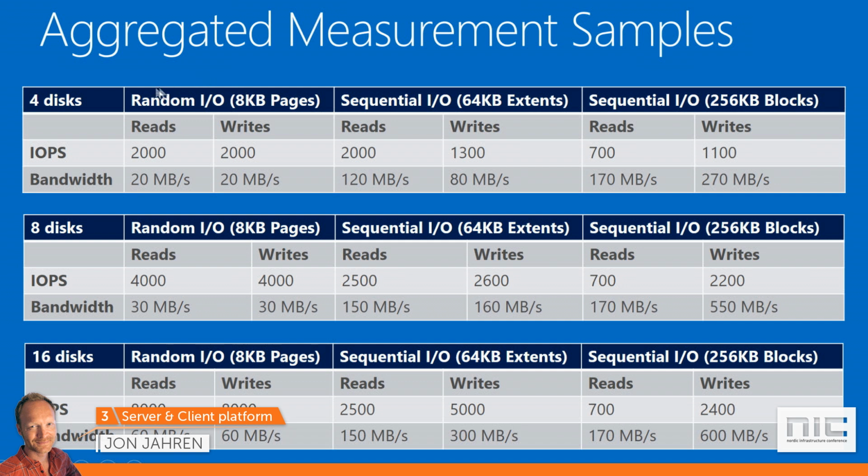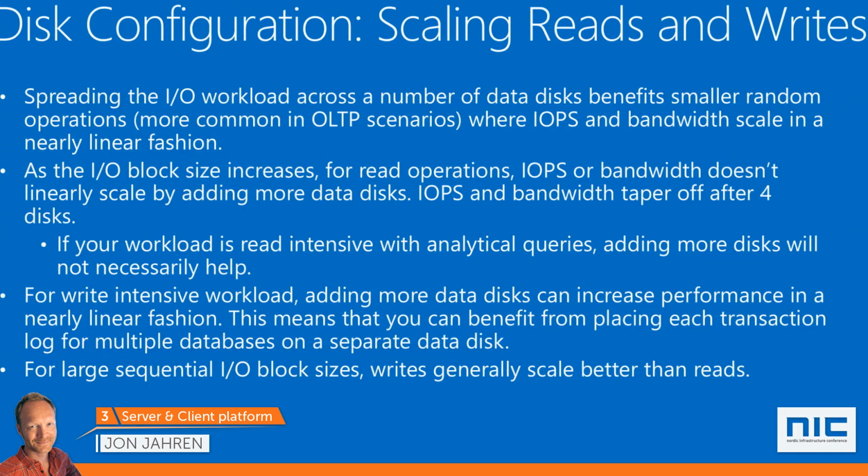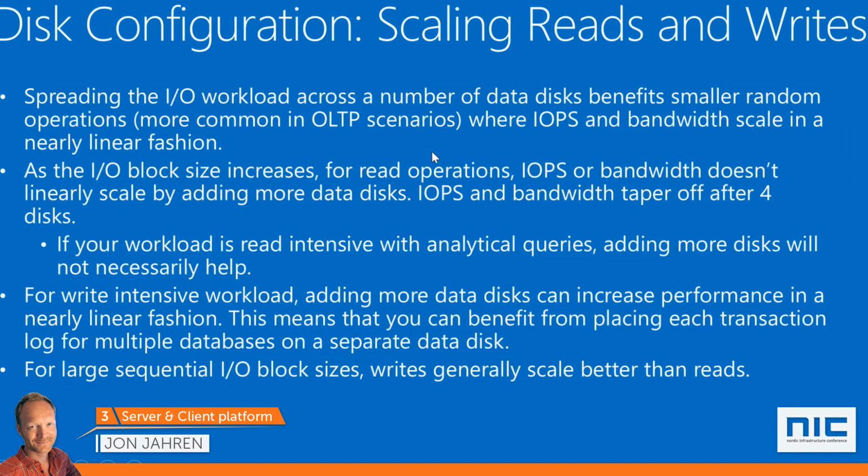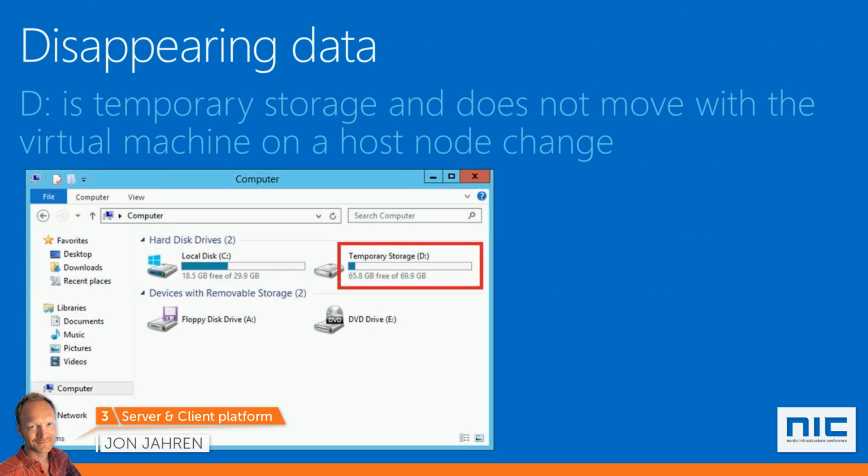As you move from 4 to 8 to 16 disks, your random IO will increase and your writes will increase, while sequential IO will typically stop at around 150 megabytes per second, which is limited by the disk channel scaling and so forth. So smaller random operations and write-intensive workloads will dramatically increase performance with multiple disks.